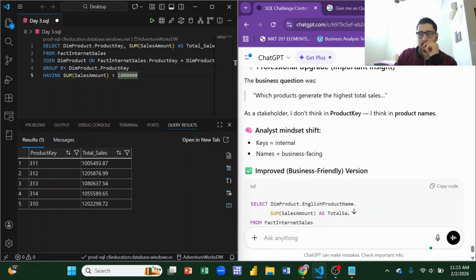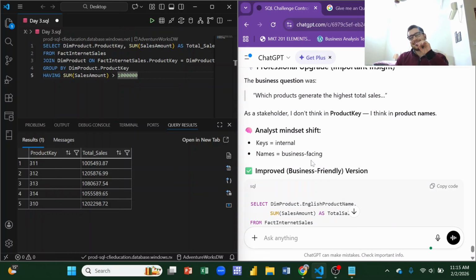So the professional upgrade is: the business question was which product generates the highest total sales. As a stakeholder, I don't think in product keys, I think in product names. Analyst mindset shift: keys are internal and names are business facing.